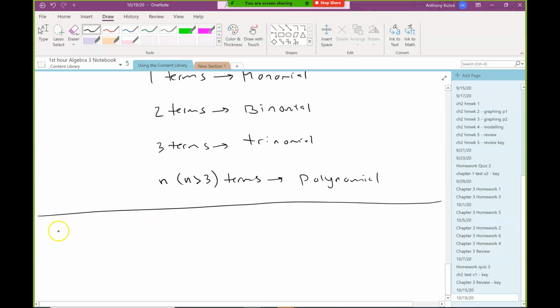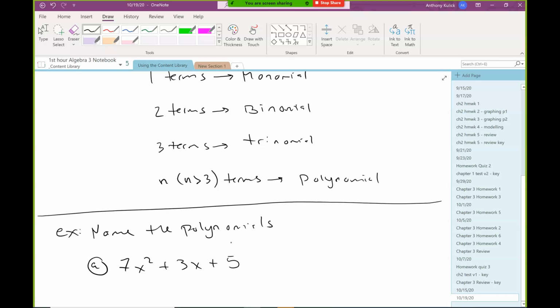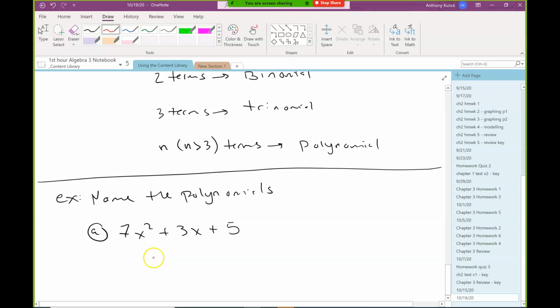So oftentimes, we're going to want to name the polynomial in both methods. So for example, if we have 7x squared plus 3x plus 5, the degree here is what?